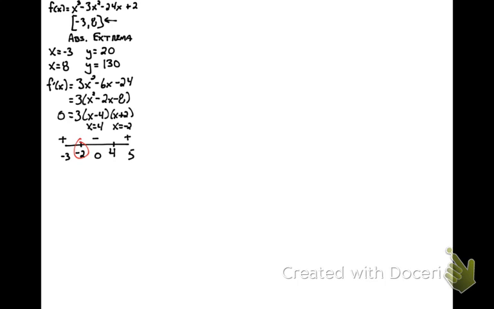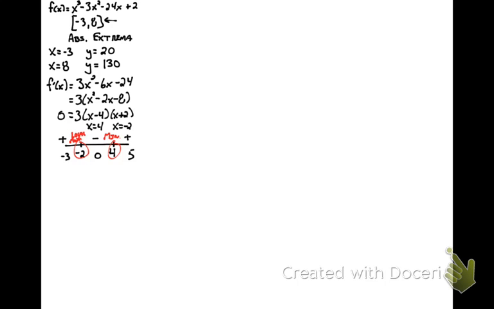So here there's a local maximum, and the derivative at 4 changes from negative to positive, so there's a possible minimum there.